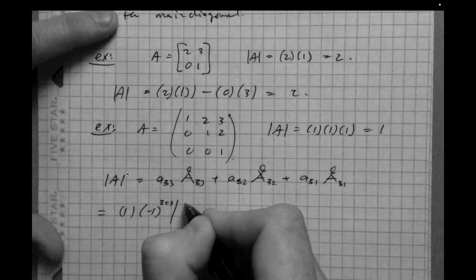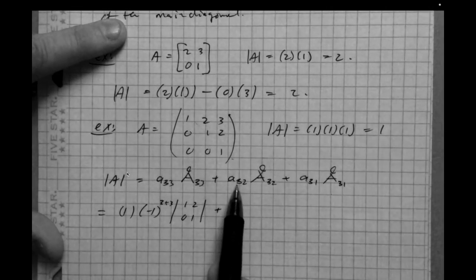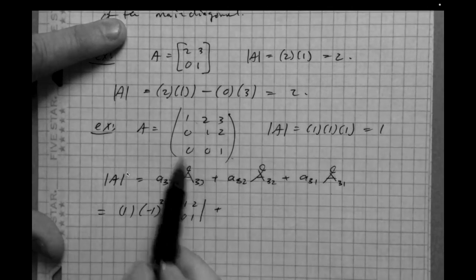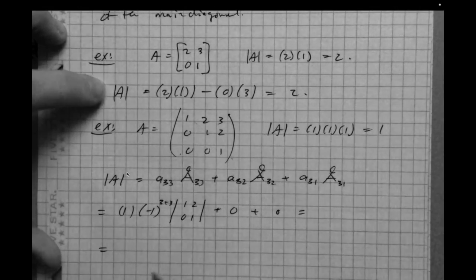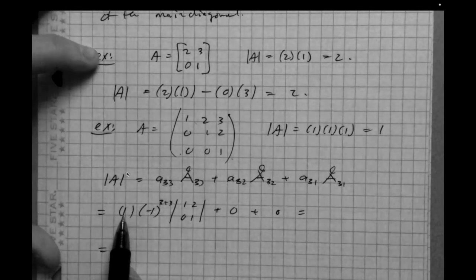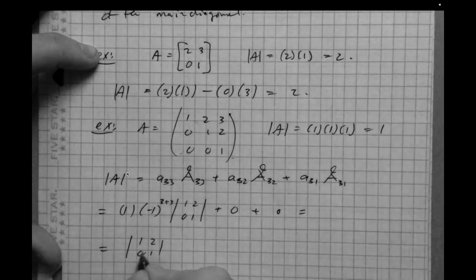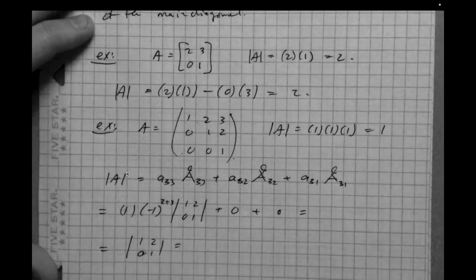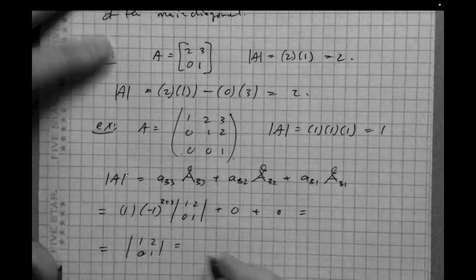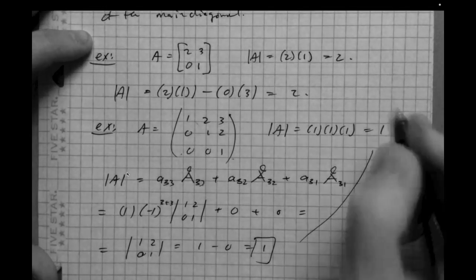So that would be 1, 2, 0, 1. The other two, A32 and A31, are both 0, so you're going to get zeros there. This is 1 times 1, so it's really just this determinant here. And we can see quickly, using the formula for a 2 by 2, that this is 1 minus 0. So you can see that they agree.